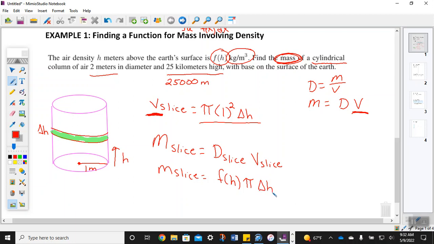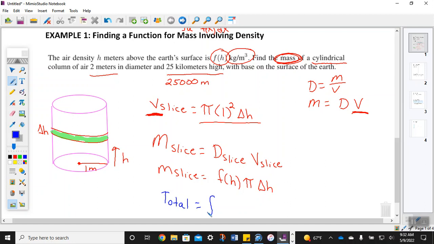What do we want to find here? So we want the total? Yeah. Okay, now think about this. Since our density was labeled in terms of cubic meters, we had to get all of our dimensions in terms of meters. So what's the total height of that slice right here?